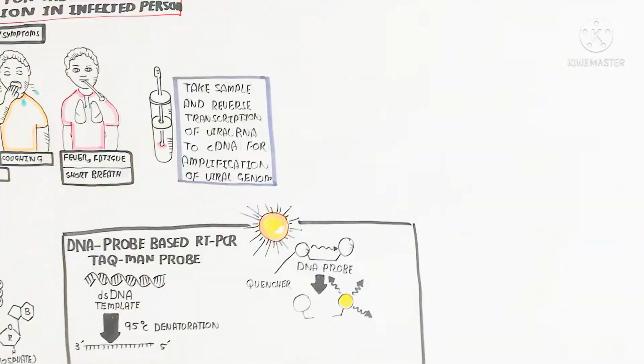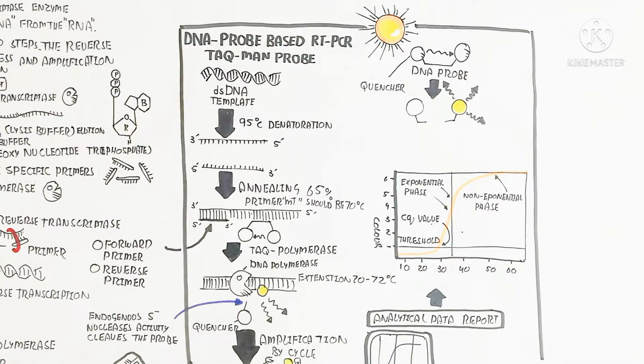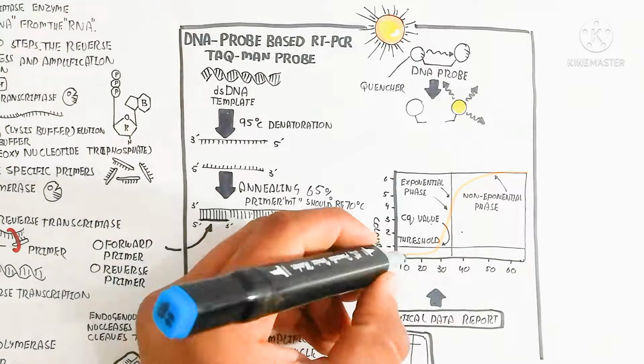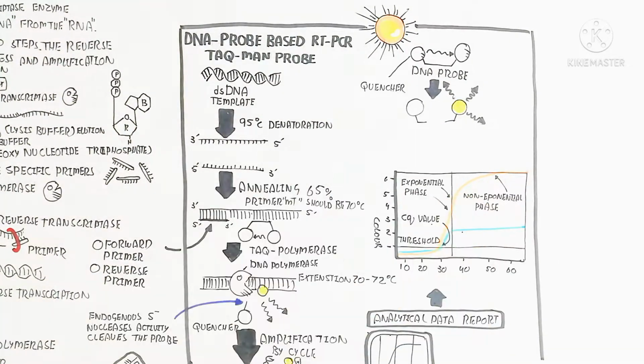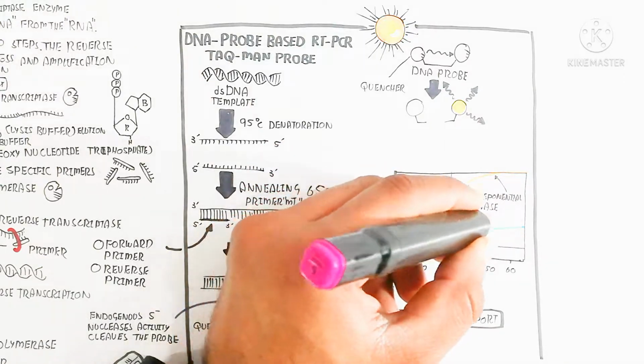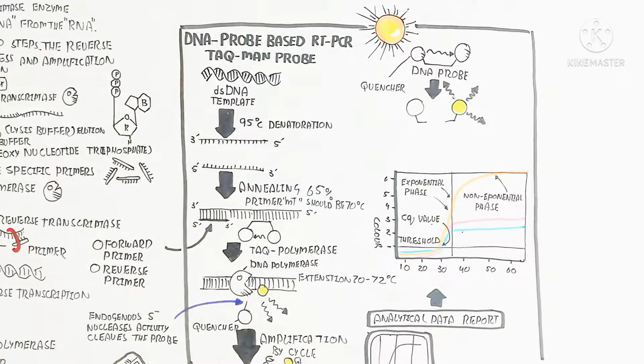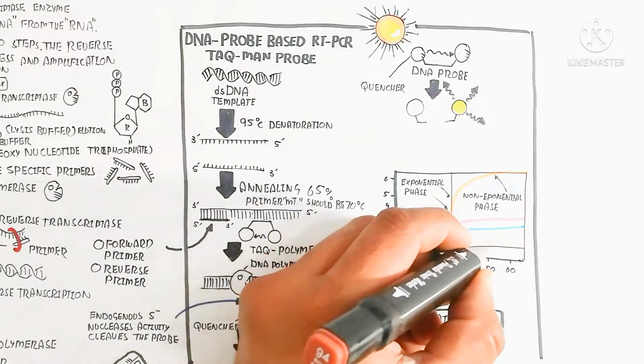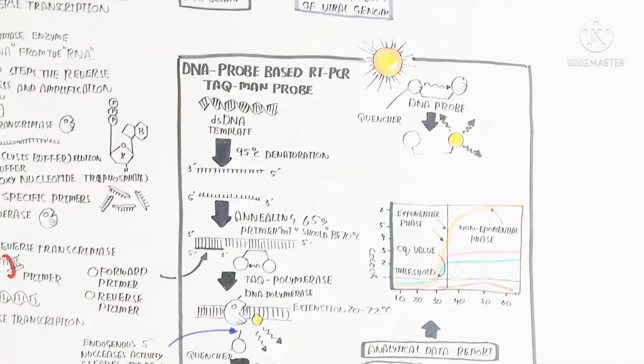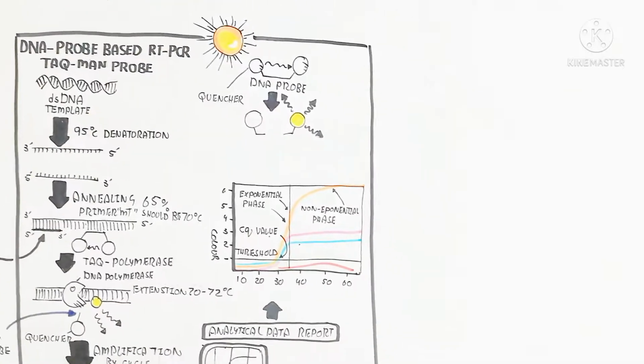So let's begin to understand the real-time PCR mechanism for detection of color. Different colors can be produced, but our choice is the orange color, so if the orange color is produced more, we can say that the coronavirus infection is positive.